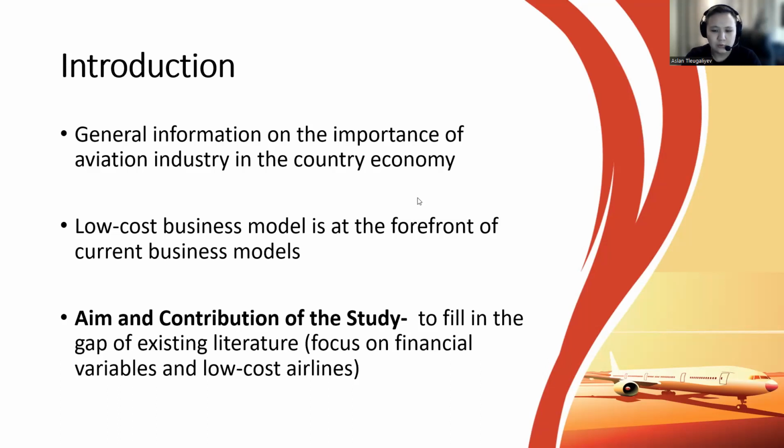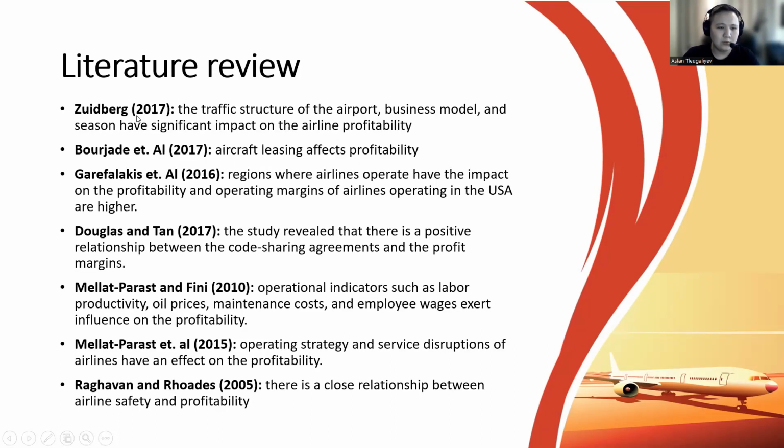And you will see it now when we consider the literature review. So let's consider the literature which has been published up to the date of the research. According to Zoidberg, traffic structure of the airport, business model and seasonality have significant impact on airline profitability.